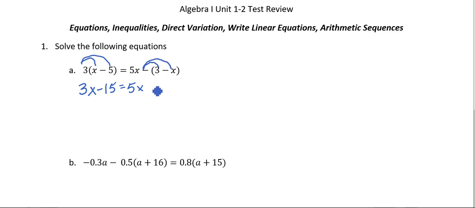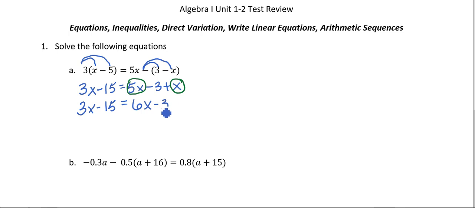So really this is going to become minus 3 plus x. Looking on both sides, I have like terms. On my right side, I have 5x and x, so I'll go ahead and combine these. So now I have 6x minus 3.